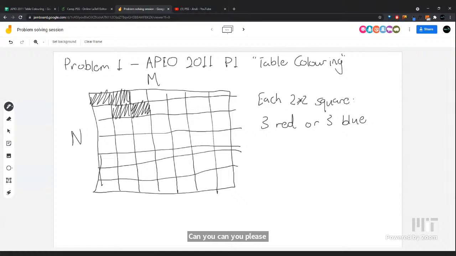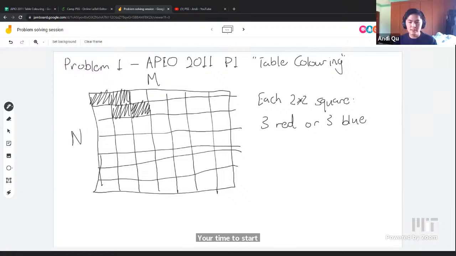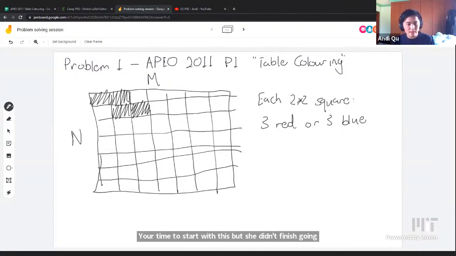Yes, Ratan did start with this, but he didn't finish going through it, so he asked me to finish. For example, this 2x2 square here has 3 red blocks and 1 blue block, while this 2x2 square has 3 blue blocks and 1 red block.